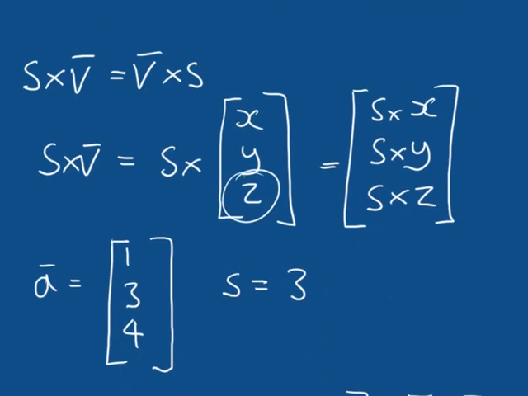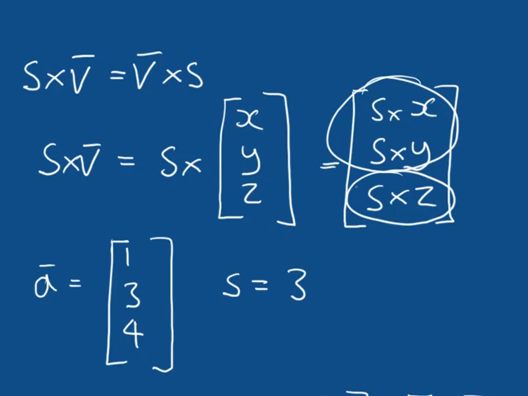We simply have an extra component, and because we have an extra component, we have an extra component in our result equal to that scalar value multiplied by our third component. So it's no different to our 2D case, except we have a third component where we multiply our scalar by the Z component of the original vector.